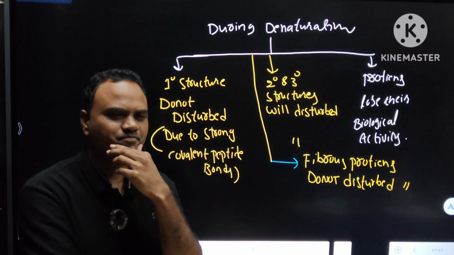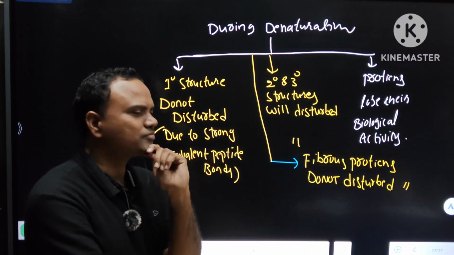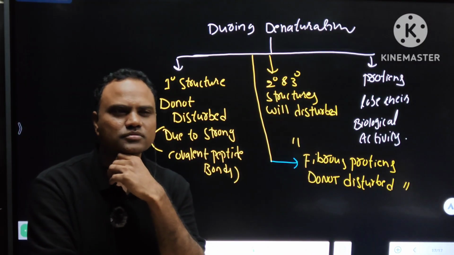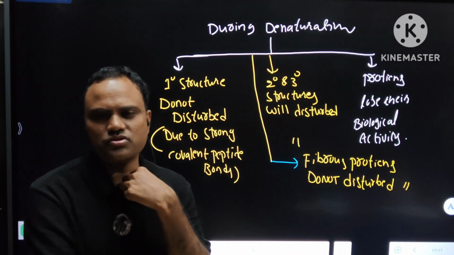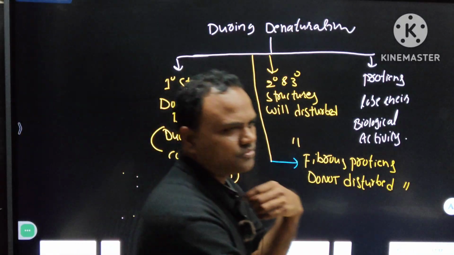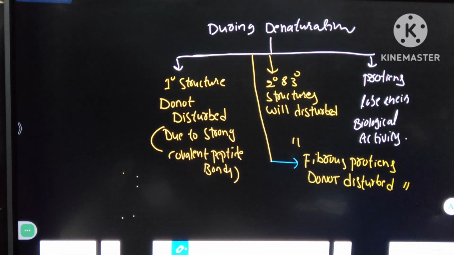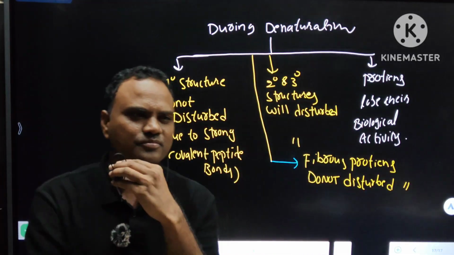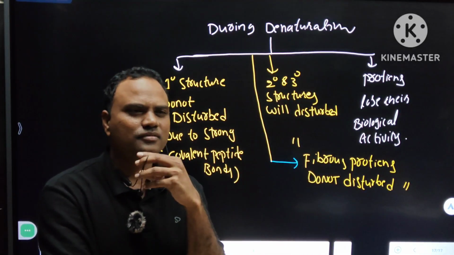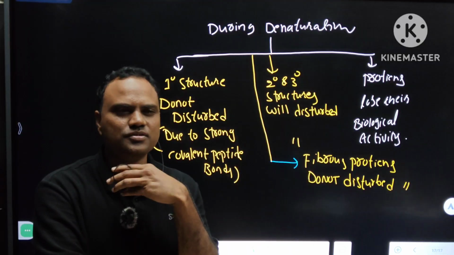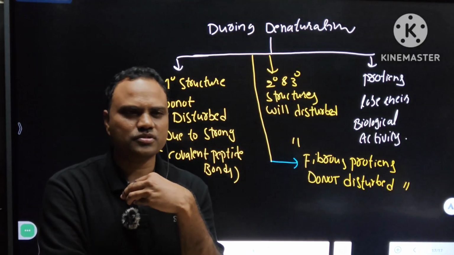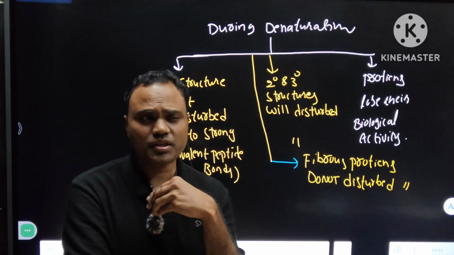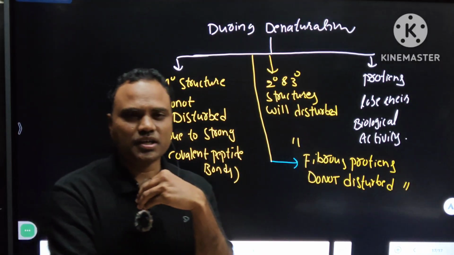Next. Proteins after enzymes. Keep heading enzymes. How is food digested in our stomach? By chemical reactions. Digestion is a chemical process. Respiration is also a chemical process. For a chemical process, some catalyst is required.